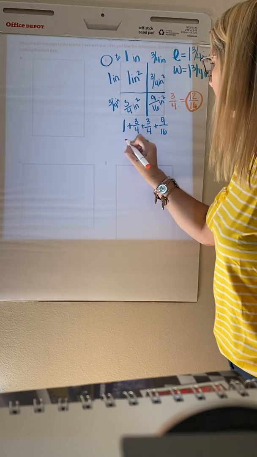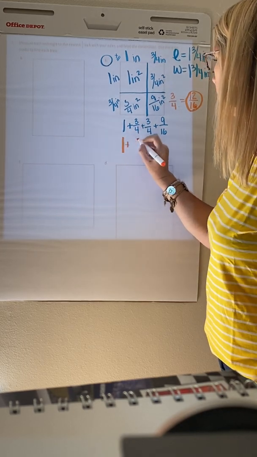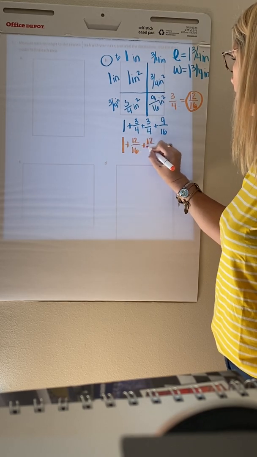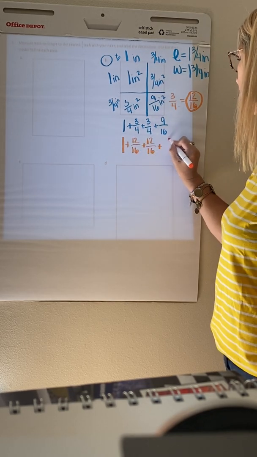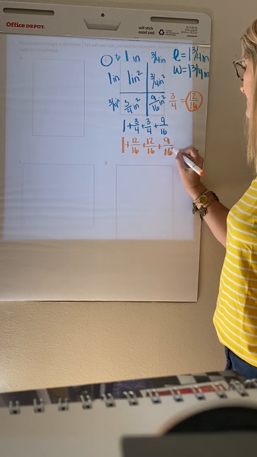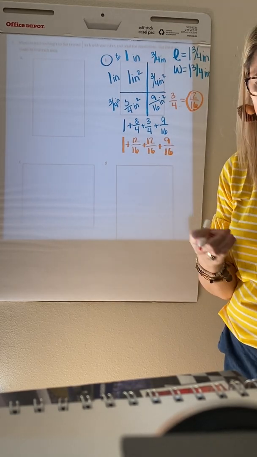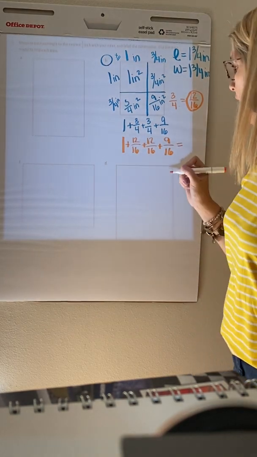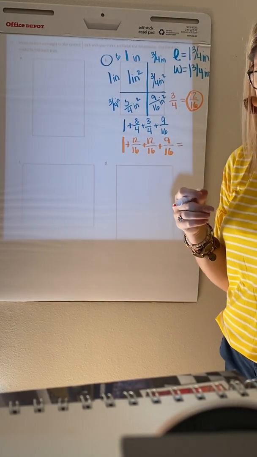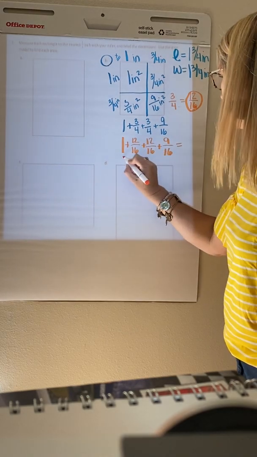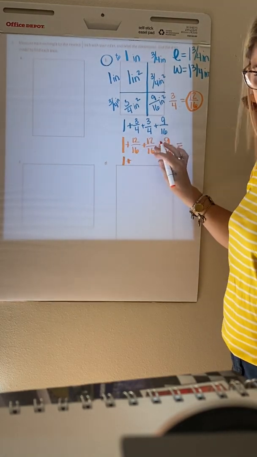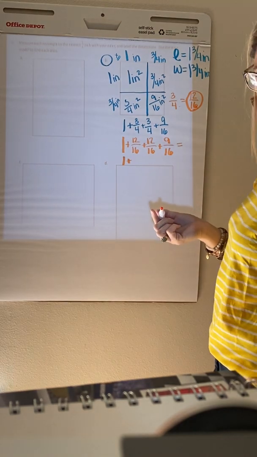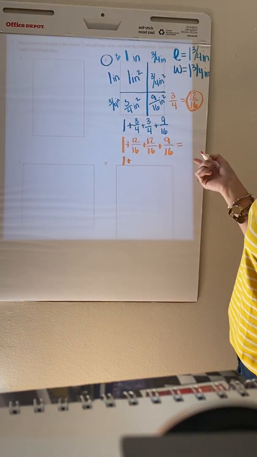I'm going to rewrite this below as 1 plus 12/16 plus 12/16 plus 9/16. Now we have them all in that common denominator. We have it all ready to go. So again, now I'll leave my 1 by itself, and I'll add the 12 and the 12, which give me 24. And then I will add back in the 9.